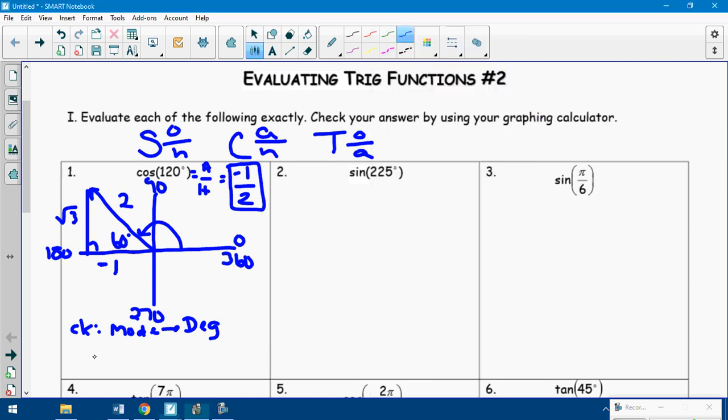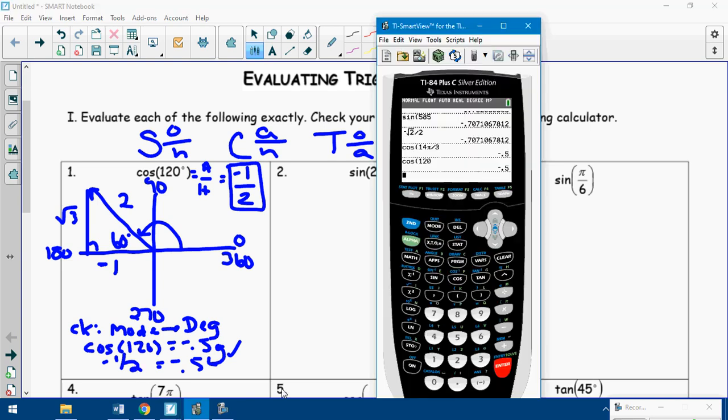I get negative 0.5, so I want you to show me that. Cosine 120 equals negative 0.5. If this was a radical, I would need you to type that radical in. Since it's negative 1/2, we know that's going to be negative 0.5, and it's good. But if this wasn't negative 1/2, I'd want to see the radical. Then you'd go over here, type the radical in, and compare the big long decimals.